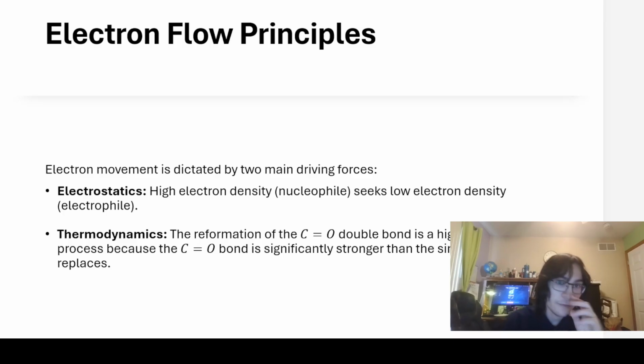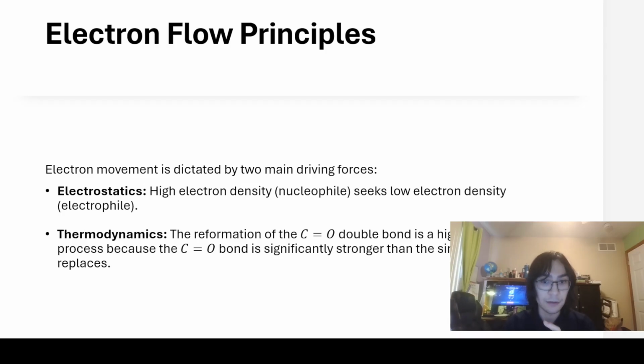So the electron flow is dictated by two main driving forces, which are electrostatics and thermodynamics. Electrostatics means the high electron density, which is the nucleophile, seeks out low electron density, which is the electrophile.